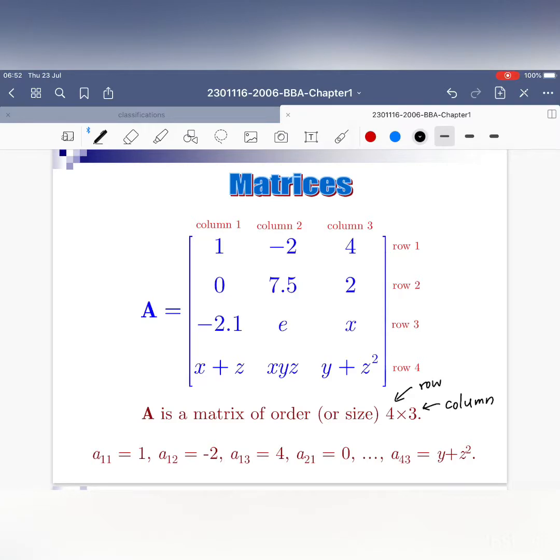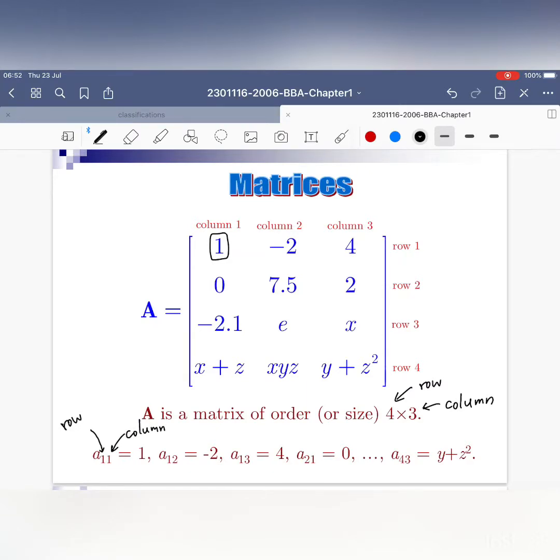Each and every position in the matrix has its own name. For example, this one is the element on the first row and the first column, so we call it A11. The first subscript refers to the row, and the second subscript refers to the column, so we know which element we are talking about.